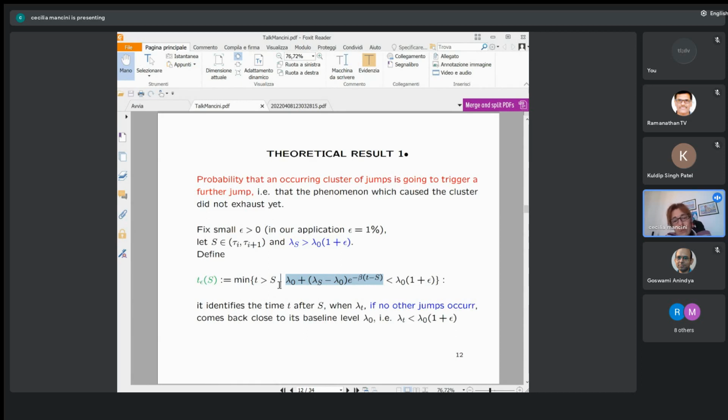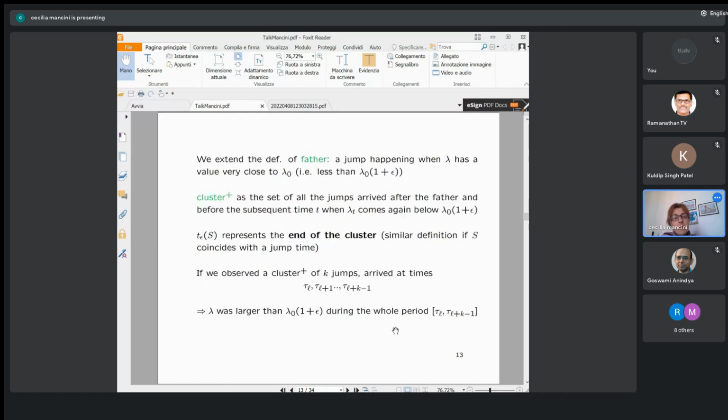So T epsilon is the first time when lambda comes back close to lambda 0, okay? Based on this T epsilon, we extend the definition of further jump. A further jump is not only a jump occurring when lambda is lambda 0, but when lambda is close to lambda 0, so less than this level here.